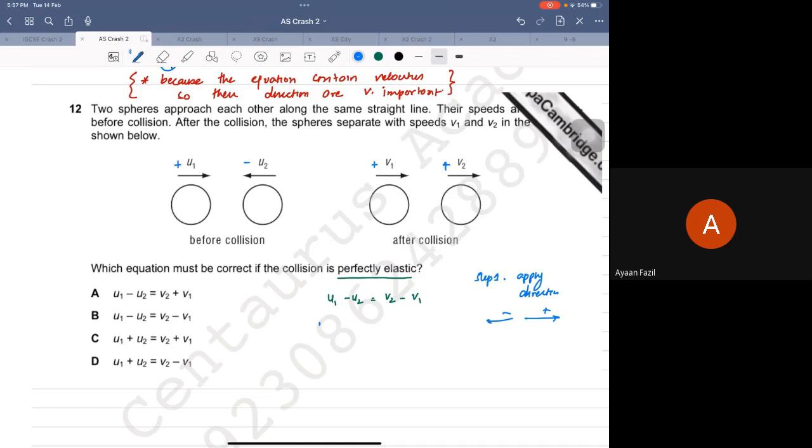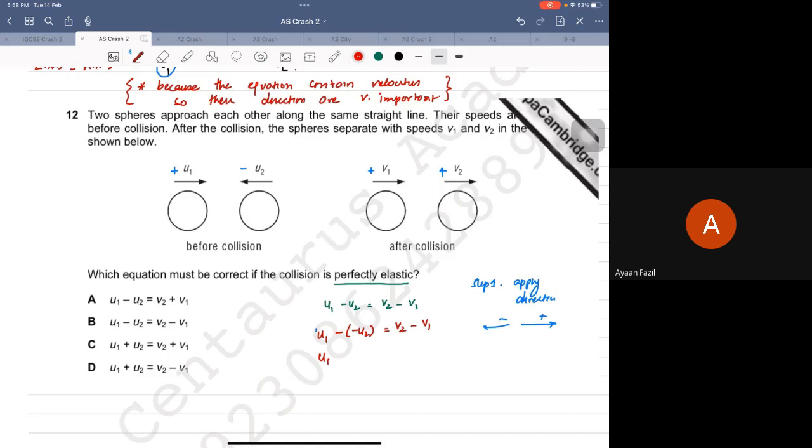Now all you need to do is add the values according to the signs in this particular equation. u1 is positive, so I'm going to write it this way. u2 is negative, so we write minus u2. v2 is positive, and v1 is positive as well, but there was a minus already, so we have to write it this way.